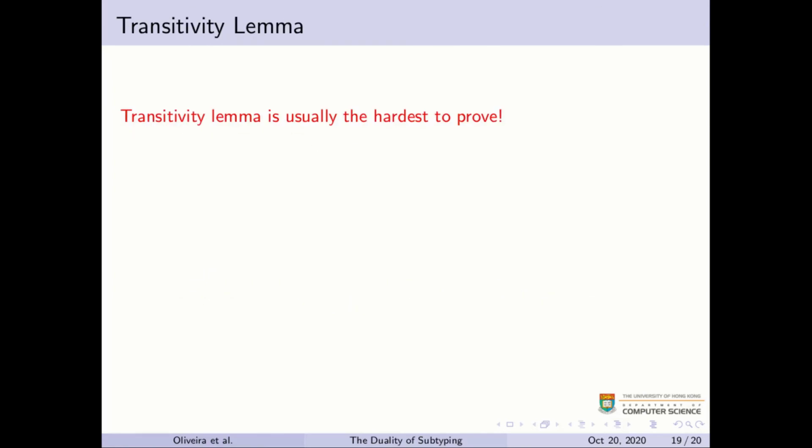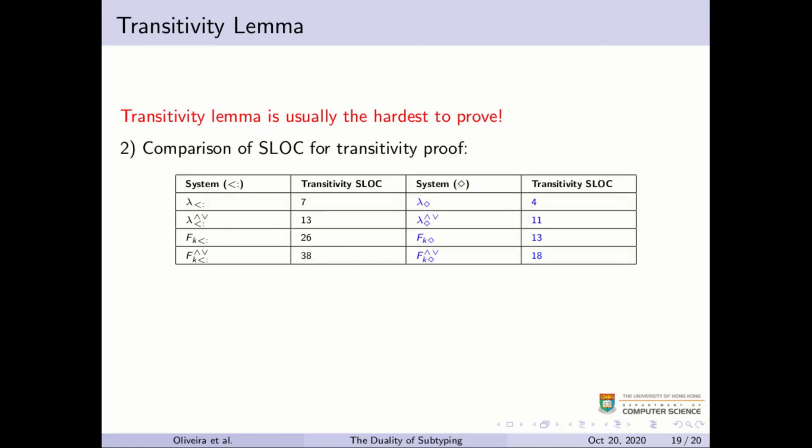Our second comparison is of the transitivity lemma, because the transitivity lemma is usually the hardest to prove for subtyping. The first column shows the traditional subtyping system, while the second column shows the respective lines of code required to prove the transitivity lemma in the traditional system.